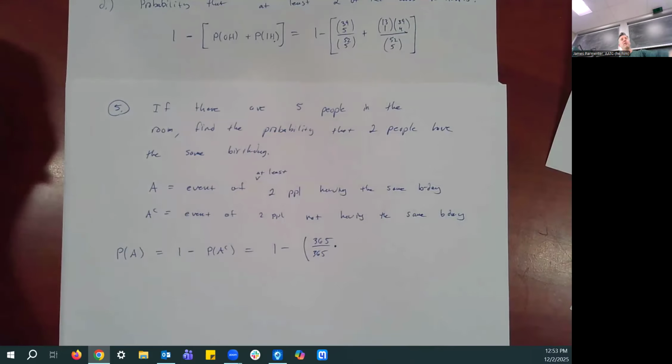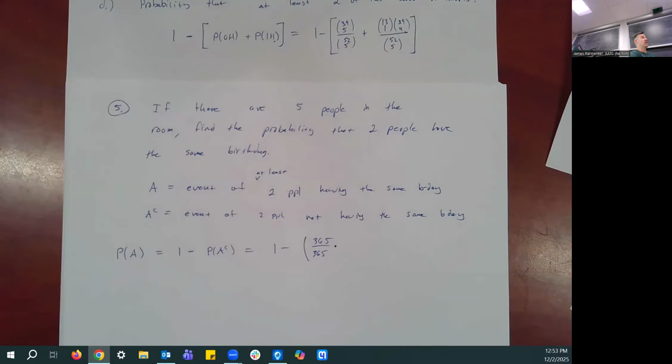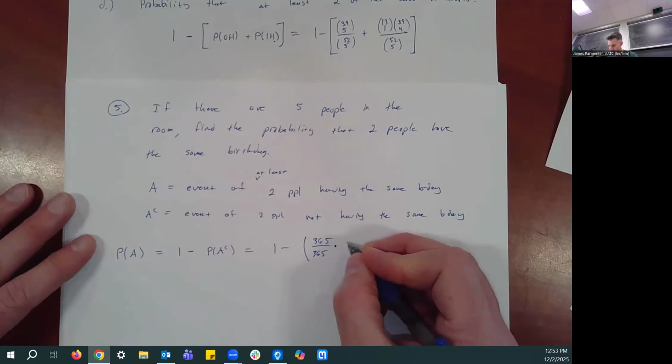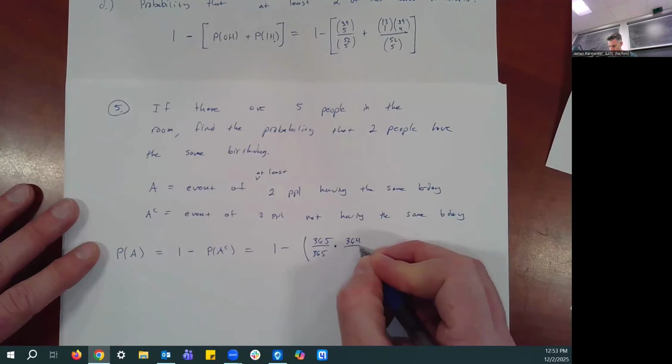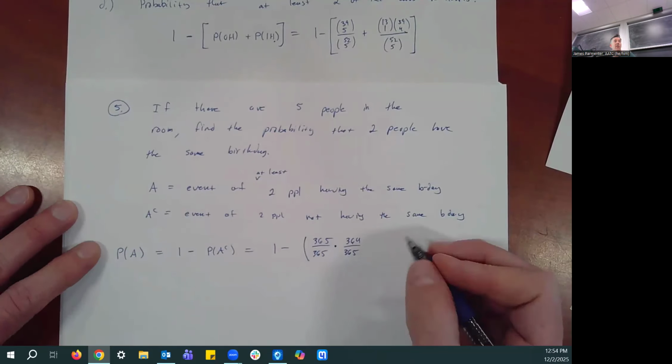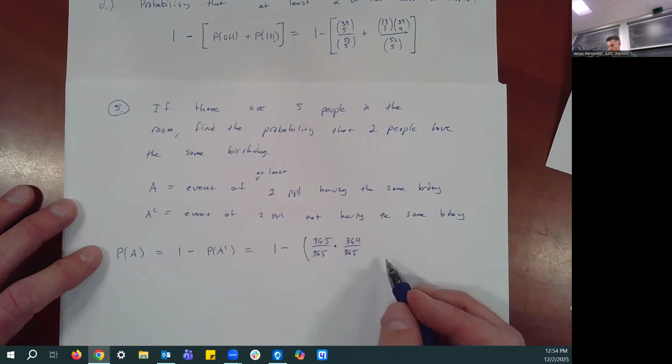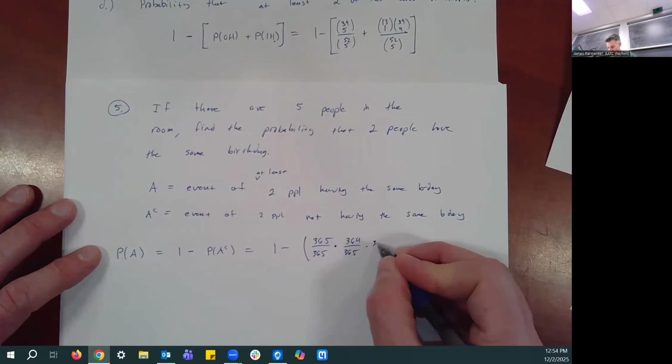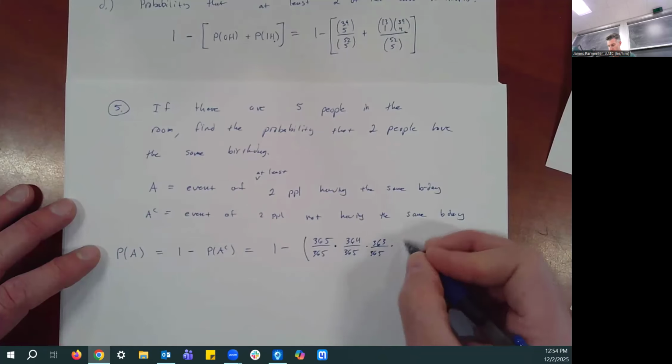So what's the probability that the second person's birthday isn't the same day as the first person's? Right, there's 364 days to choose from. So second person, there's 364 over 365 days to choose from. And then the third person, there's 363 days to choose from. And the fourth person, there's 362 days.